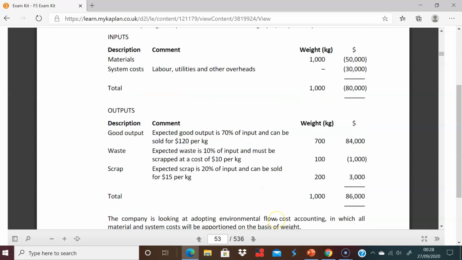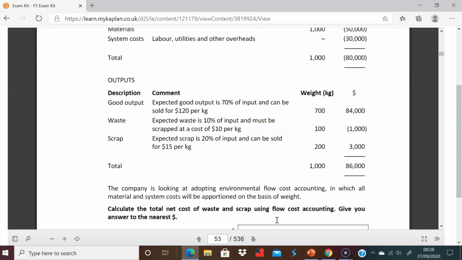I think that's the first thing to pick up on here: following what the question is saying, we're apportioning this cost on the basis of weight. So the waste itself is 300, the initial entry cost of 30% of it. It's probably the first time you're doing this.